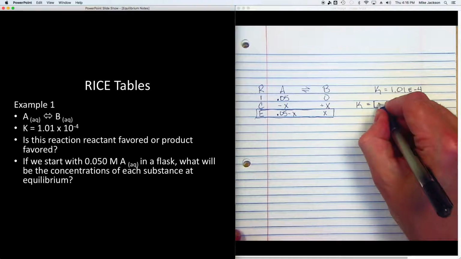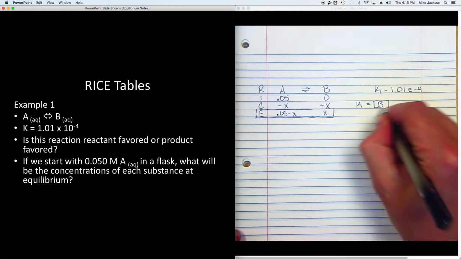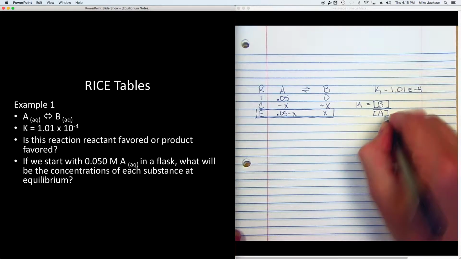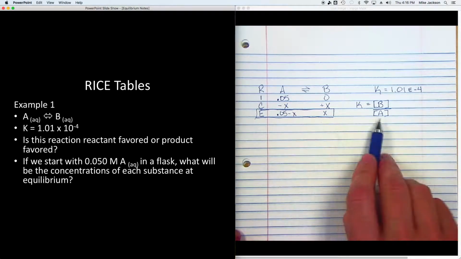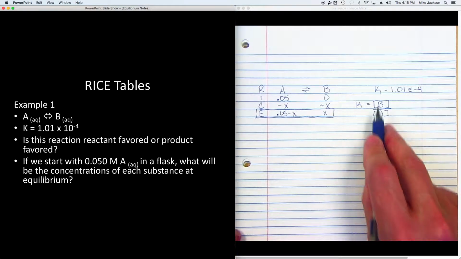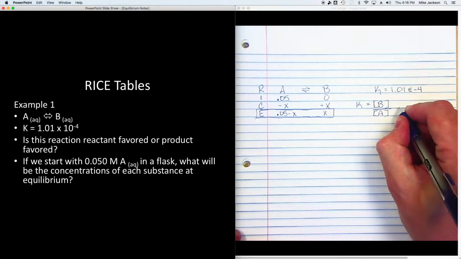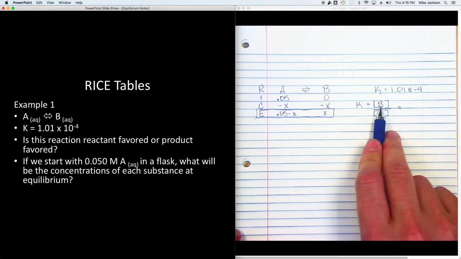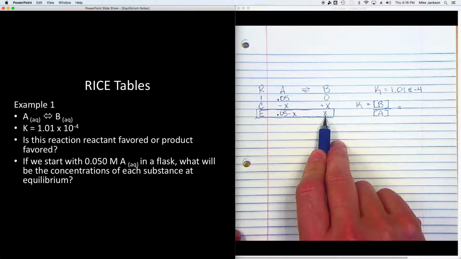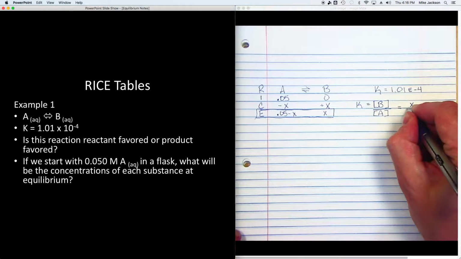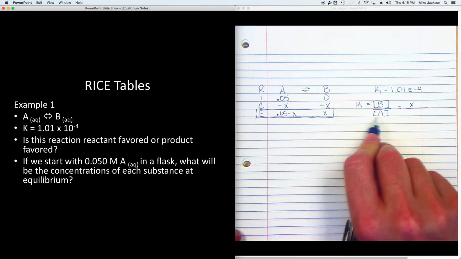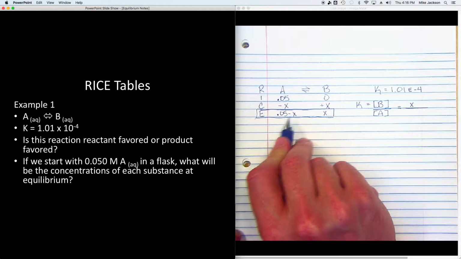So our product is the concentration of B over the concentration of A, which I now have values that I can plug into these. They're not pretty, but they are things that I can plug in. So the concentration of B at equilibrium is right here in my Rice table, is x. And the concentration of A at equilibrium is 0.05 minus x.